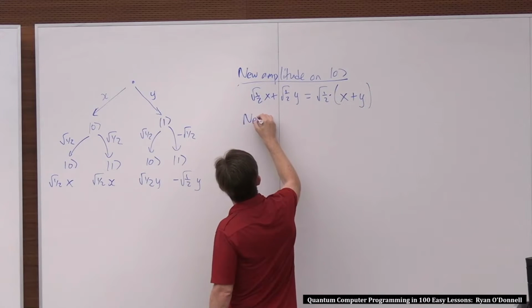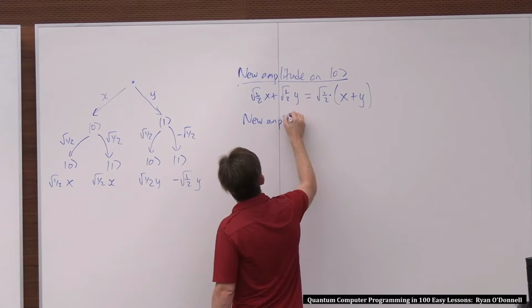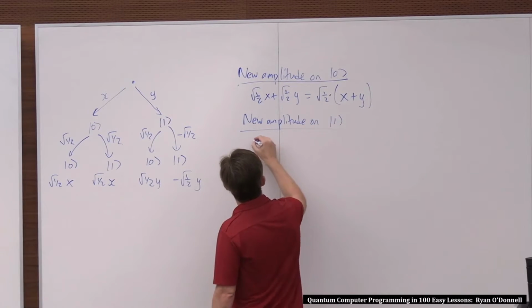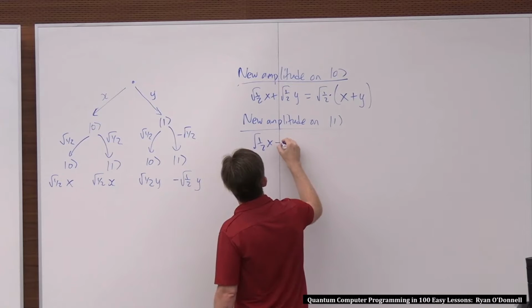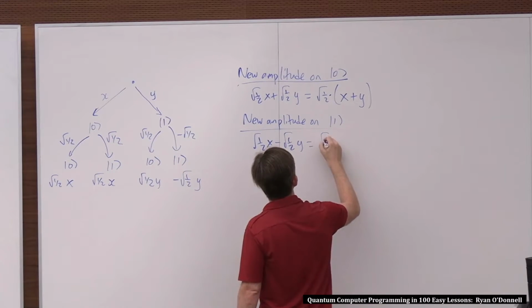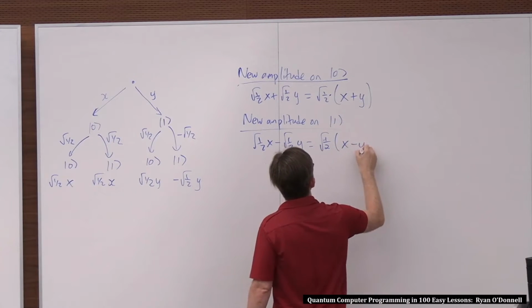And what is the new amplitude on 1? Well, it's root a half x minus root a half y, which is root a half times x minus y.